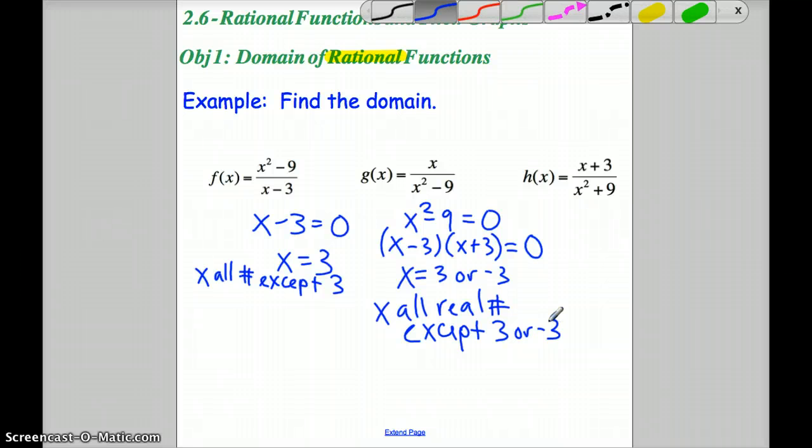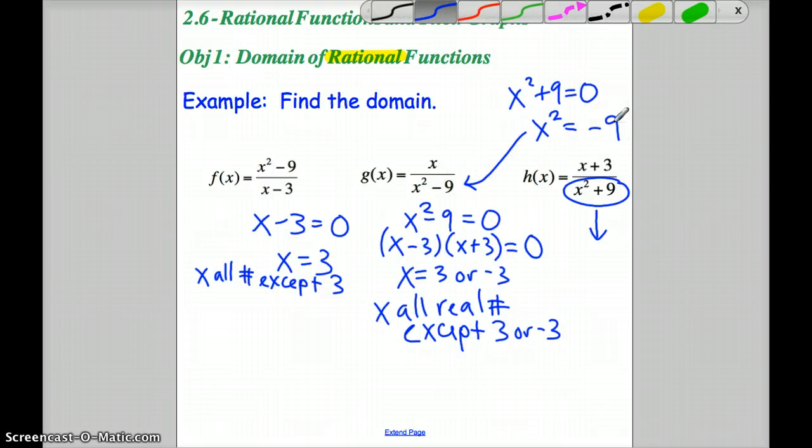Taking a look at h of x, it's still a rational function, and we look at the denominator and ask the question, when is that 0? So when is x squared plus 9 equal to 0? The other way we could have solved this one is in a similar fashion, solving for x squared.